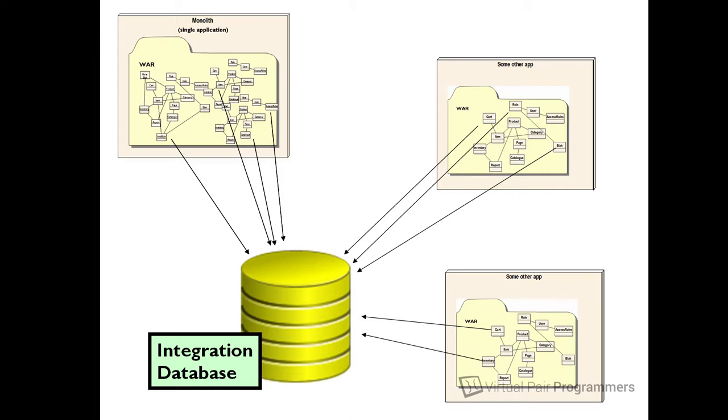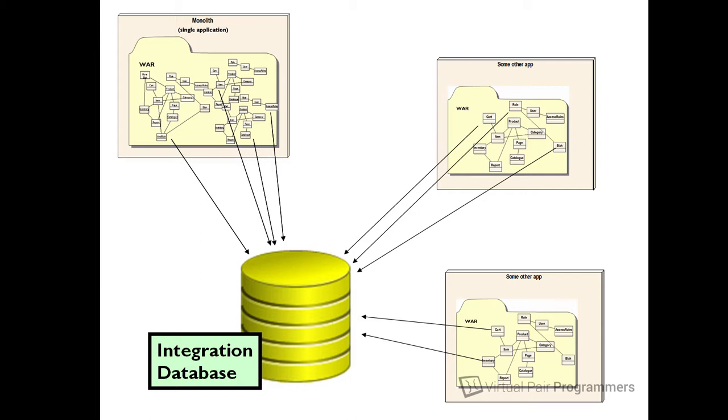Well, it's because they immediately violate the two principles that we've discussed. They are by design not cohesive because they contain many different business areas. And they're certainly not loosely coupled because any part of the system can read or write to this database.